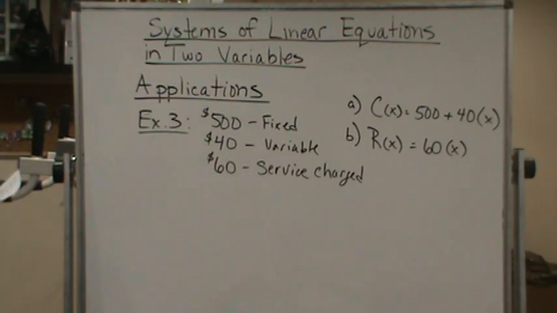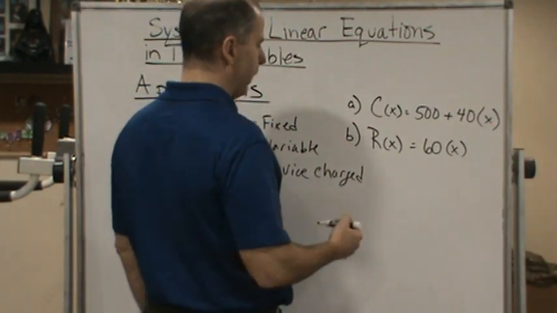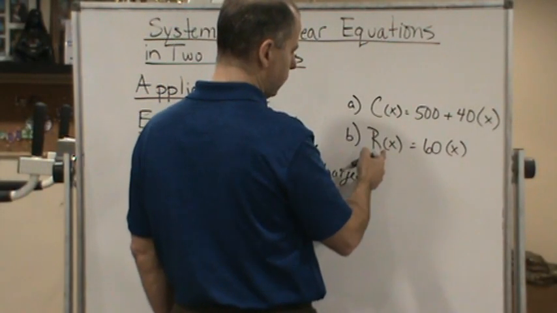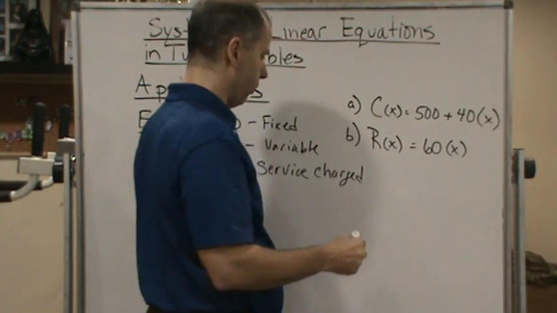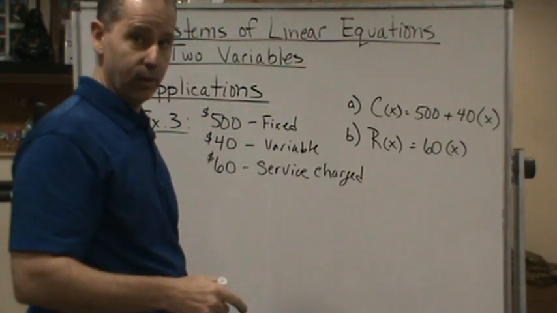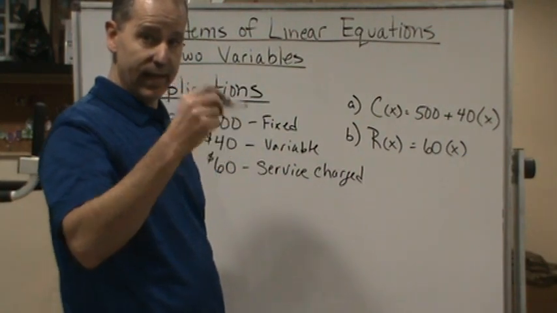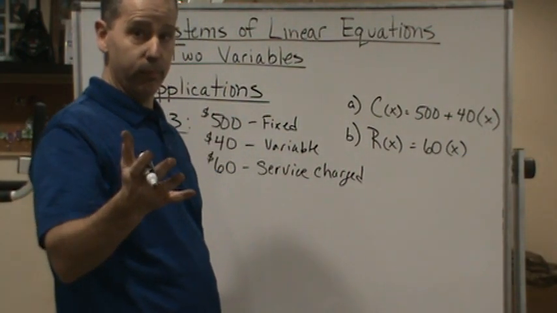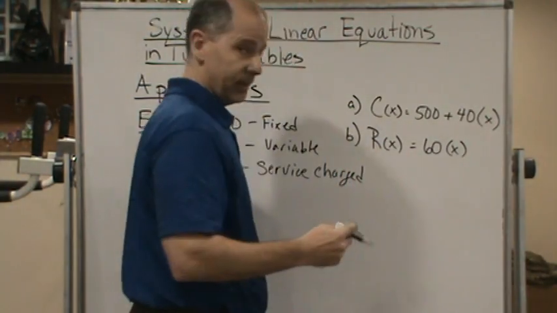Now, determine the number of lawns needed to break even. The break-even point is when your cost is equal to your revenue, or when your profit is zero. So remember, profit is revenue minus cost, right? So you could do a profit function and set it equal to zero, but let's just use the cost and revenue function because it's the same thing.